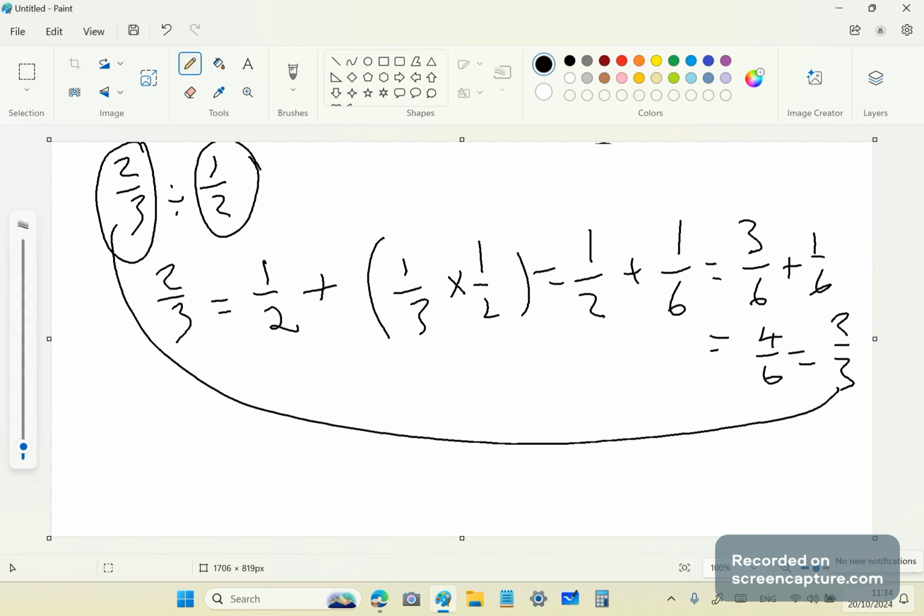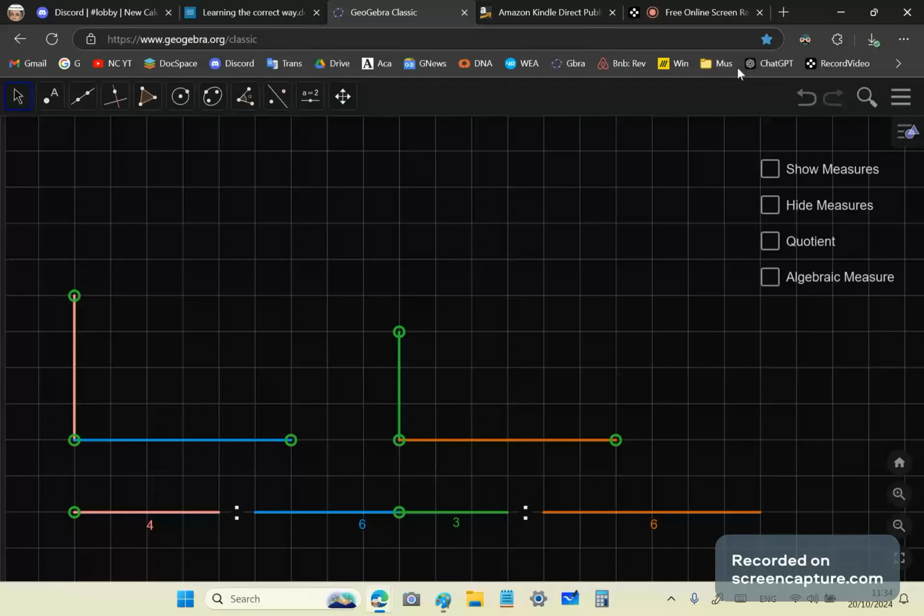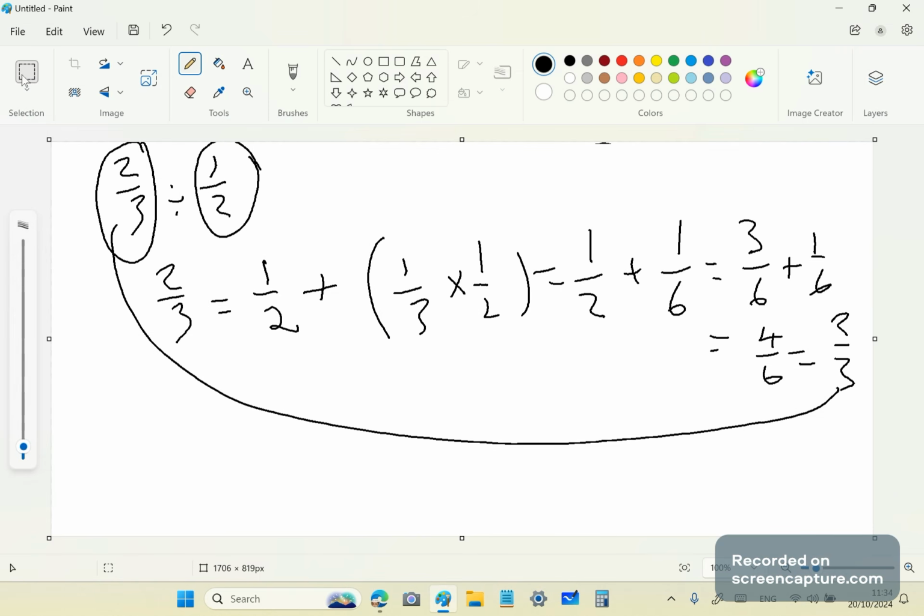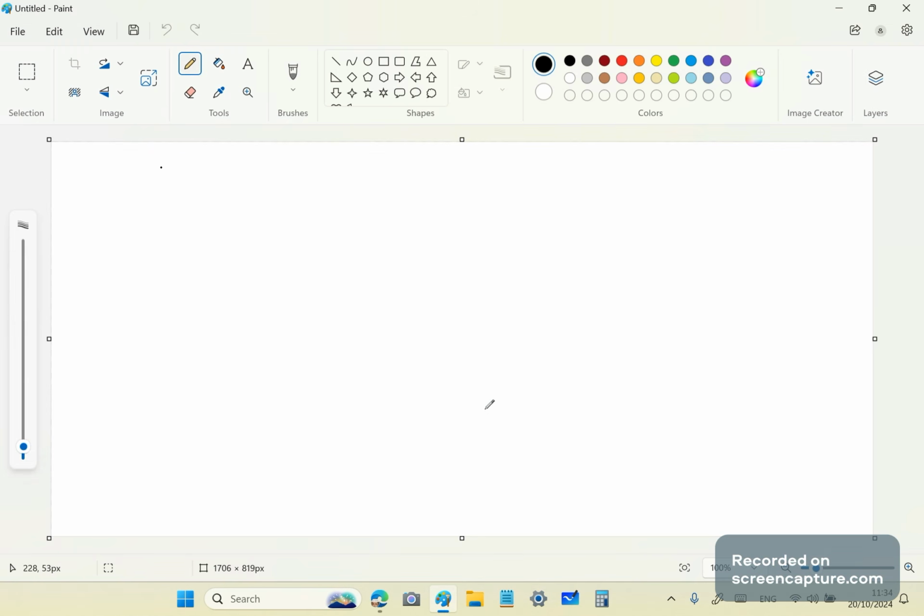So always remember that division is a measure of one operand by the other. That's what 2/3 divided by 1/2 means. Now, if we had said 2/3 multiplied by 2, like this, that means 2/3 measured by the reciprocal of 2, which is a half.